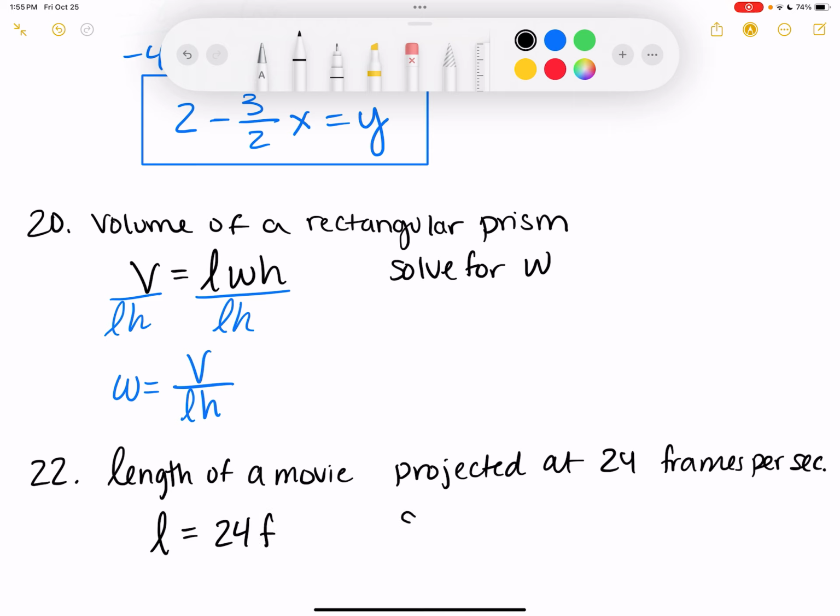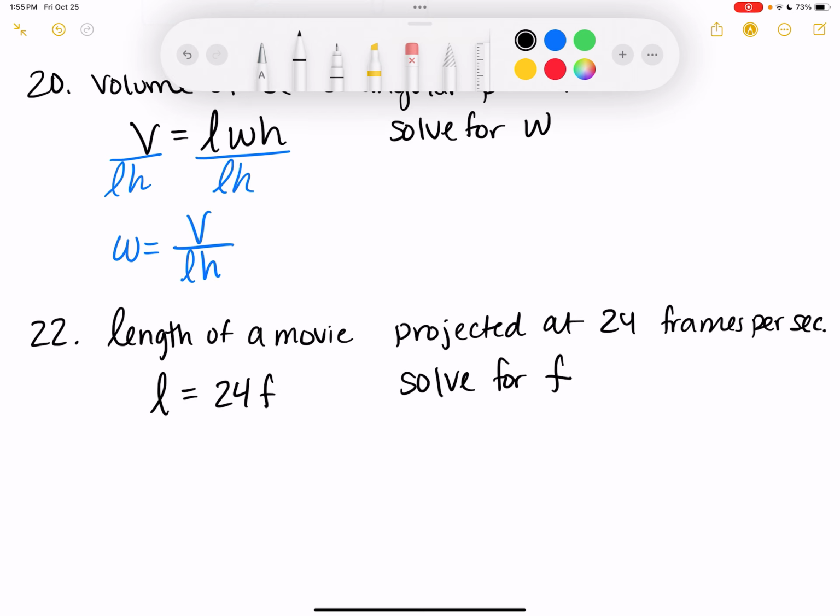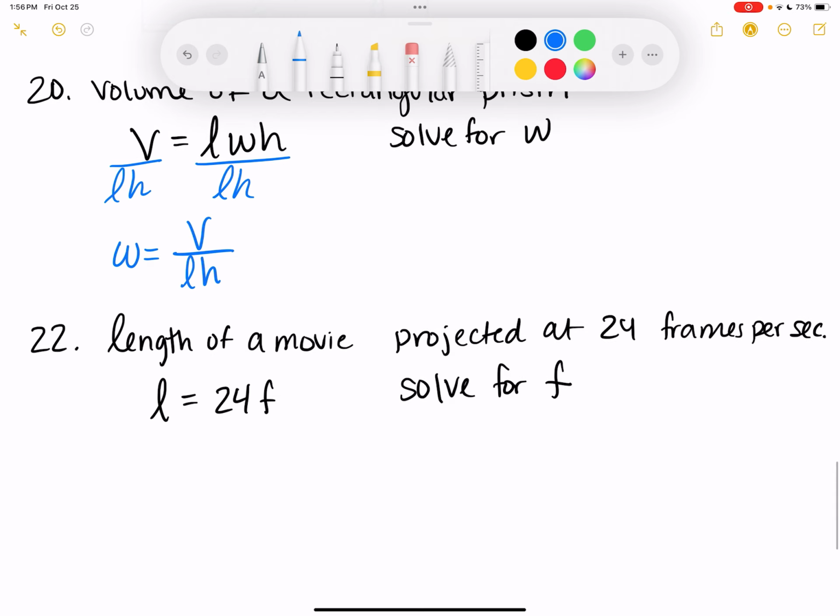And they want me to solve for F. So I just want to get F by itself. Okay? So I need F by itself. How do I get rid of the 24? Divide. So F equals L divided by 24.